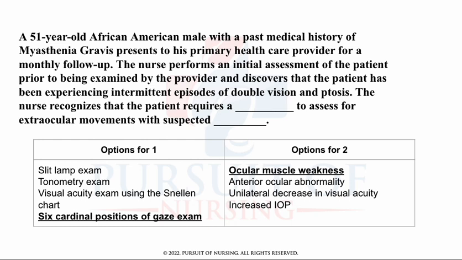With the 6 cardinal positions of gaze, the patient is asked to hold their head in one place and then follow the movement of an object through the 6 positions of gaze. The patient is asked to follow that object in a parallel manner with both eyes. Now, tonometry is used to assess intraocular pressure and suspected glaucoma, and then a slit lamp exam examines the anterior ocular structures and is used to diagnose things such as cataracts.